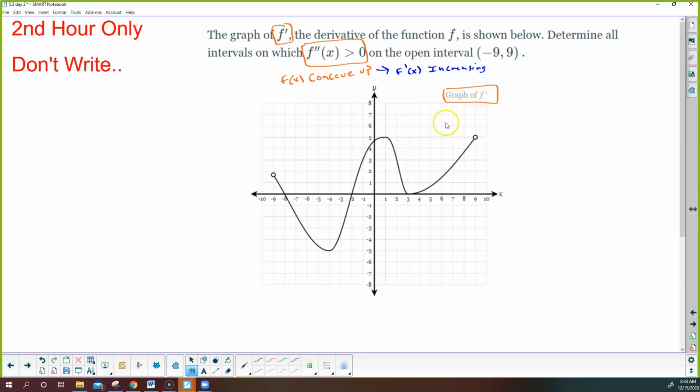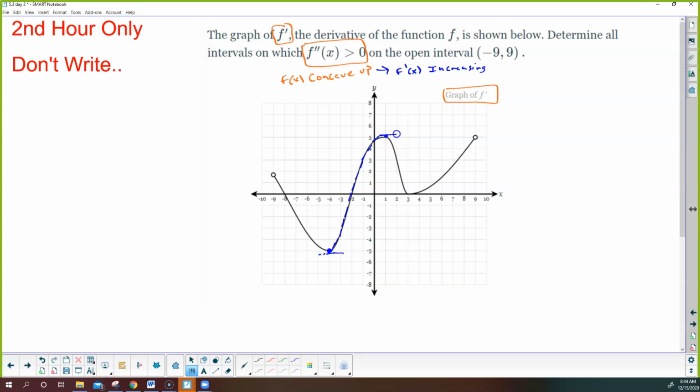So I need to look for, when is the graph of f prime increasing? Another way to say that is, when does it have positive slopes? So let's start here. Notice I have negative slopes. I'm decreasing, decreasing, decreasing, and then I've got a slope of 0 right here. And then if we go to the right of that, now notice the tangent lines here are positive.